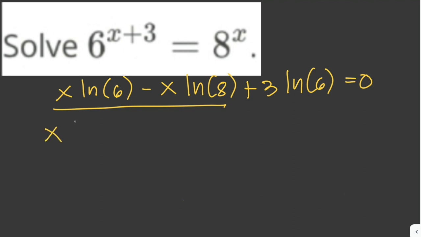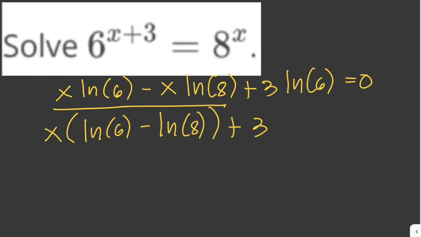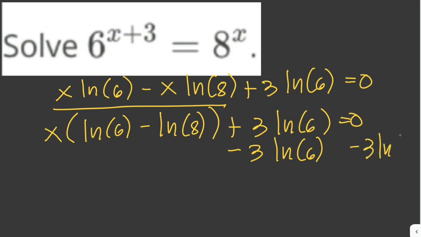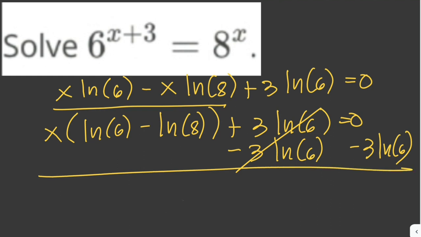We factor out x here, then we have x times ln of 6 minus ln of 8, plus 3 ln of 6 equals 0. Then we subtract 3 ln of 6 from both sides.